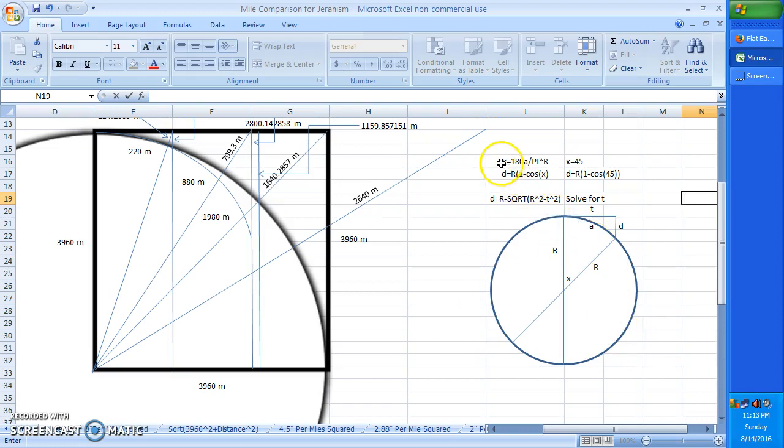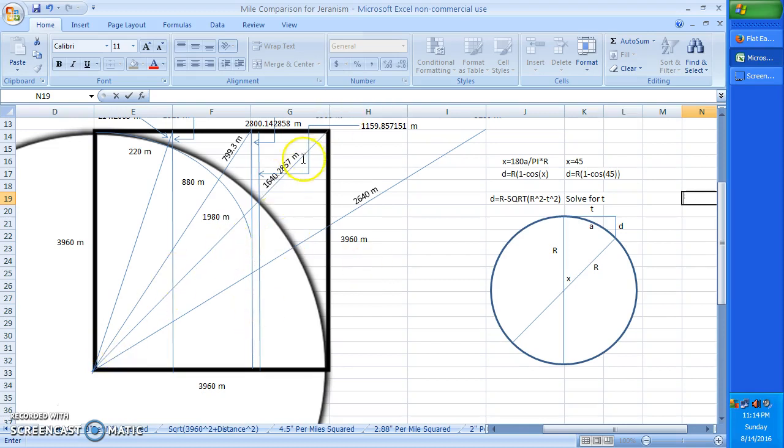So in order to determine the measure of this angle, angle x equals 180 times the arc measure, which we know is 3,110, divided by pi times the radius. Now, as it turns out, again, this is a perfect square. This is the diagonal on the square. So we can know that the measure of this angle is 45.